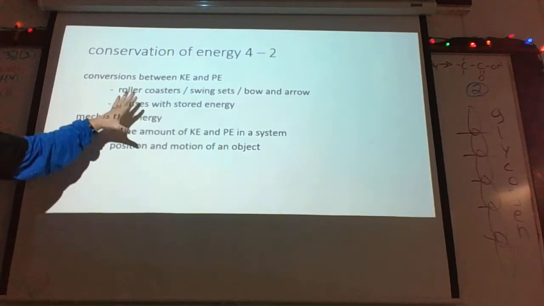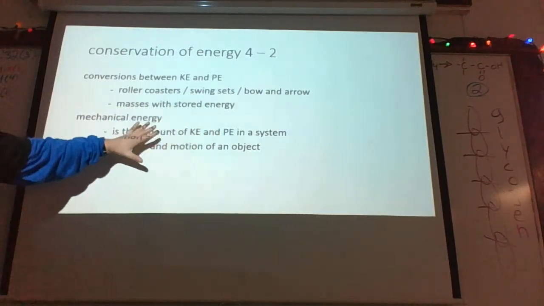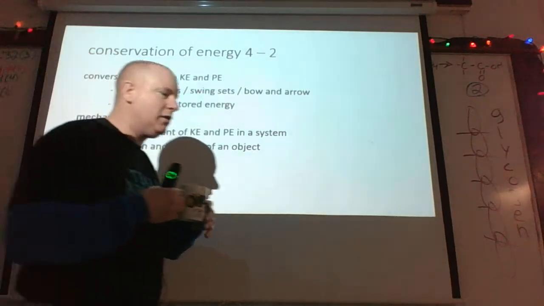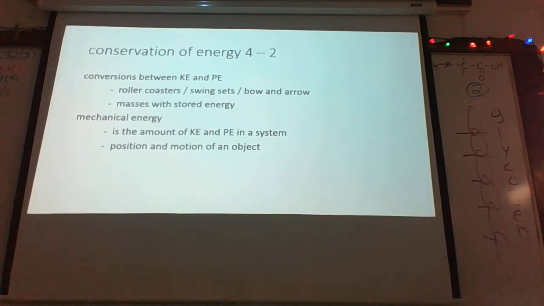Well, we need to know what mechanical energy is to begin with, and that is both kinetic and potential together at the same time. And what that means is, going back to this question, how is this an example of both kinetic and potential energy on a swing set? And again, we need to slow time down.